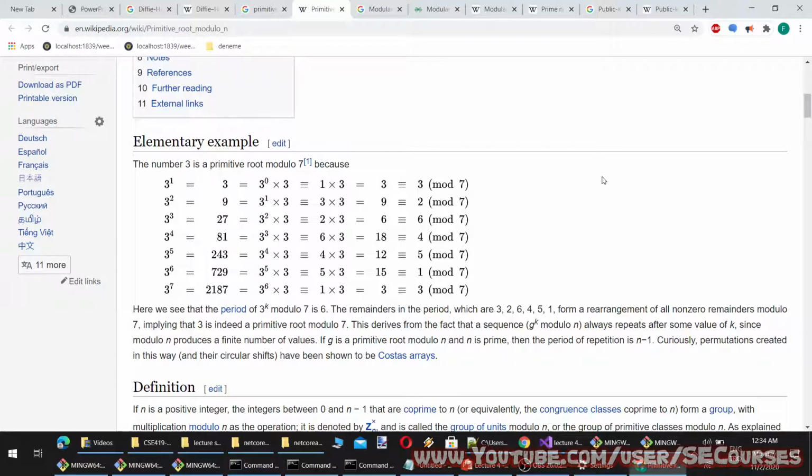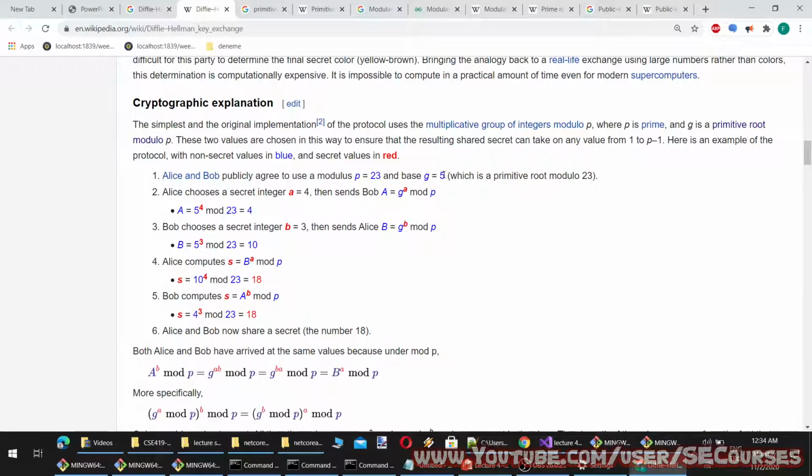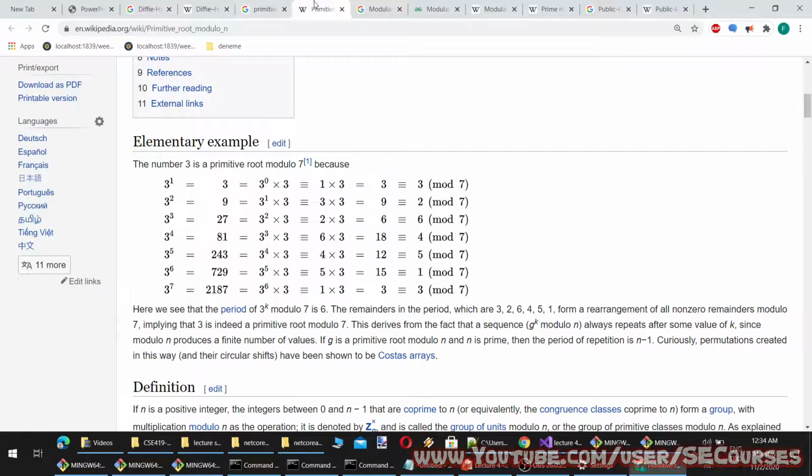Okay, anyway, so this is the primitive root calculation way, and 5 is the primitive root of 23. That's what we need to know. You can also check at home to see whether it is matching or not.